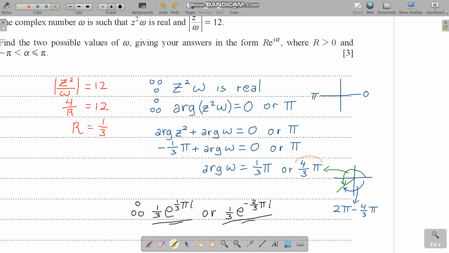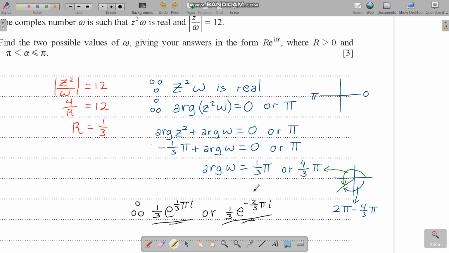However, again 4/3 pi is greater than pi, and we have to use the principal argument here. We cannot use an angle bigger than pi, so instead of the positive 4/3 pi, we have to use this negative angle. To find the magnitude of this angle, just do 2 pi, one full circle, minus 4/3 pi, and we get 2/3 pi, but the direction is clockwise, so minus 2/3 pi.